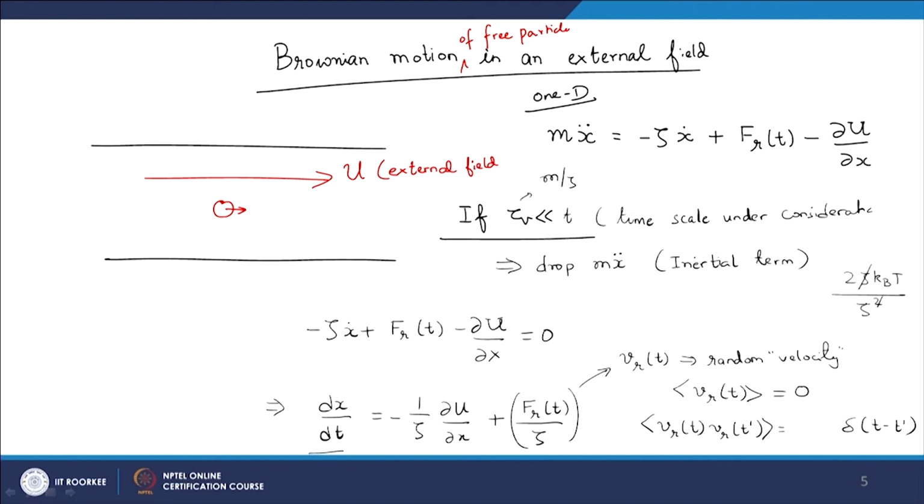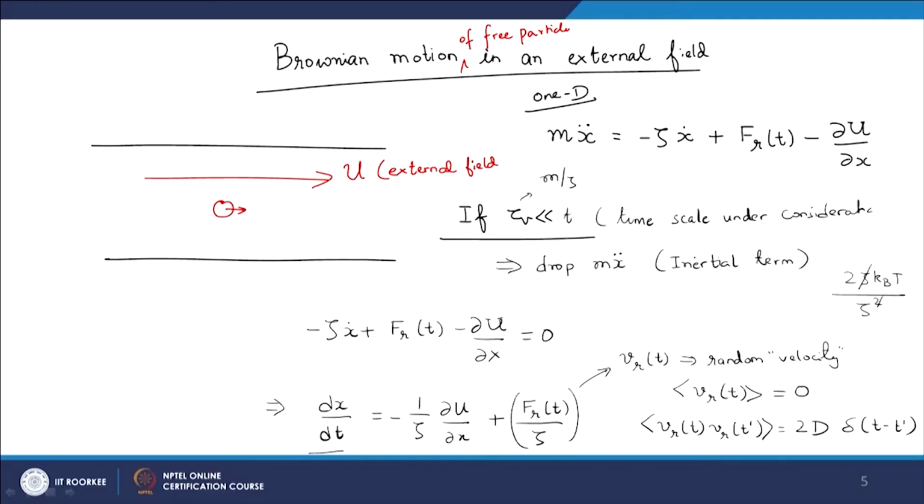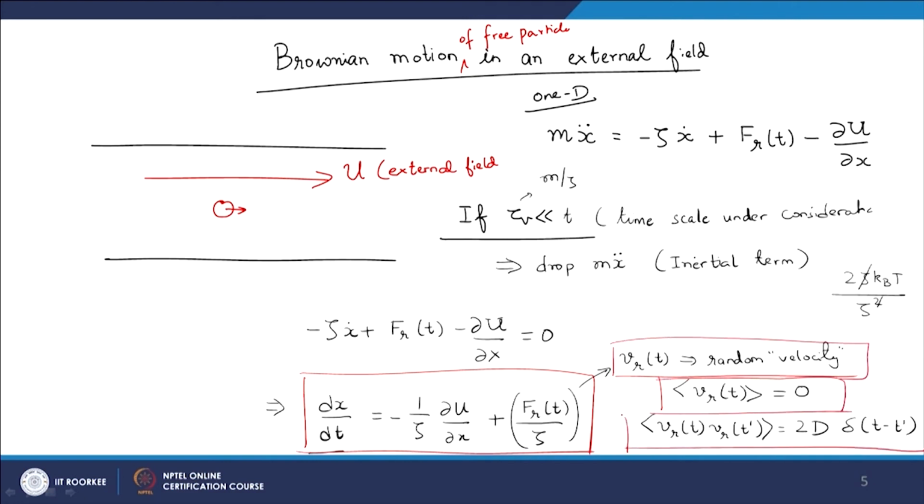So, zetas will cancel, so it is 2 k_B T by zeta, and k_B T by zeta is my diffusion coefficient. So, we have 2D delta of t minus t prime. So, this becomes the equation of Brownian motion in the presence of an external field U.